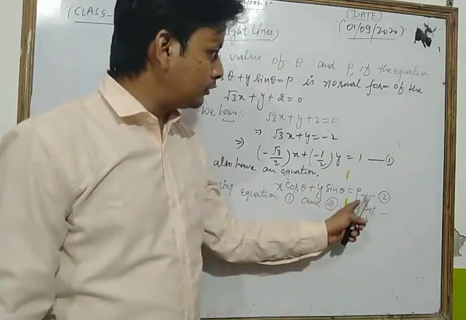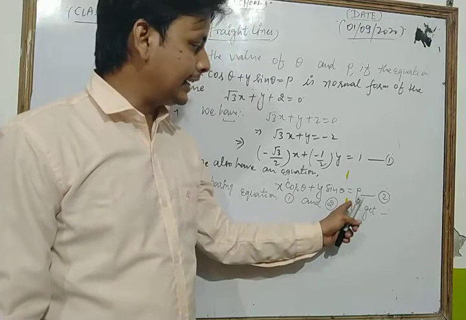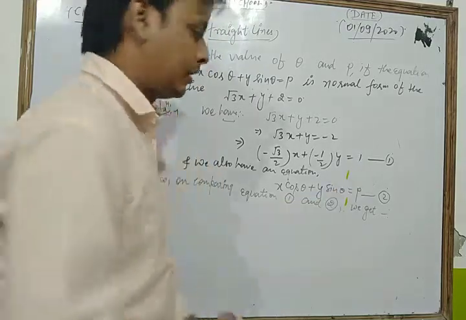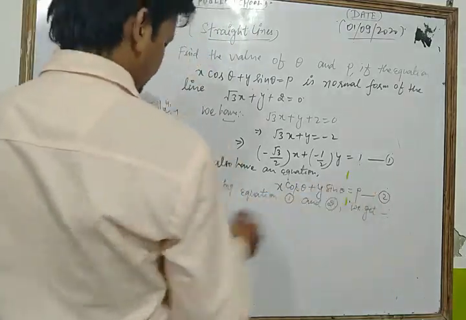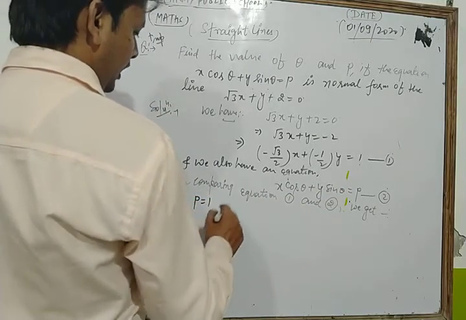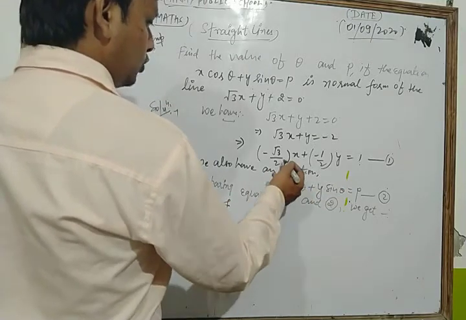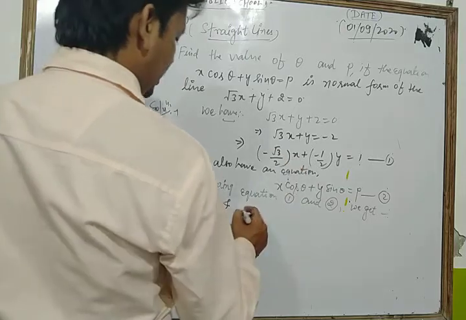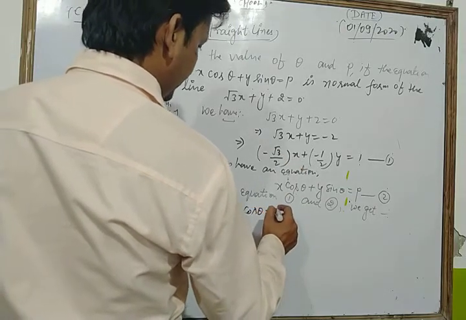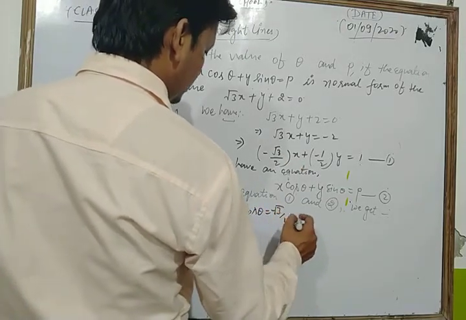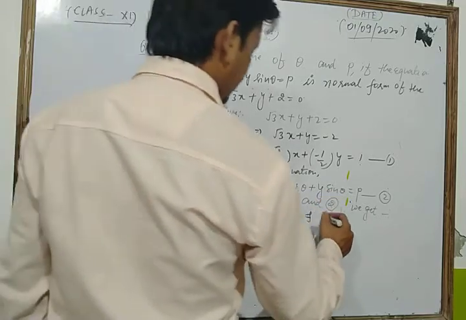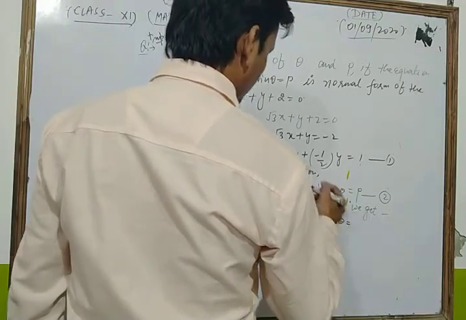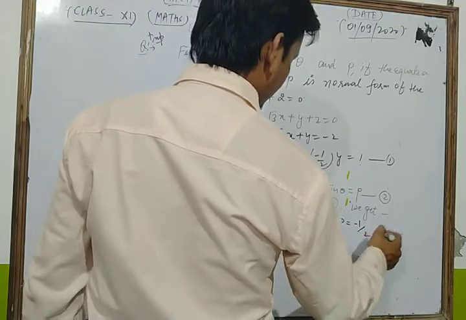We get the perpendicular distance from the origin of that line, that is p is equal to 1. The value of p is equal to 1. And cos theta is equal to the coefficient of x, so cos theta is equal to minus root 3 by 2, and sin theta is equal to minus 1 by 2.